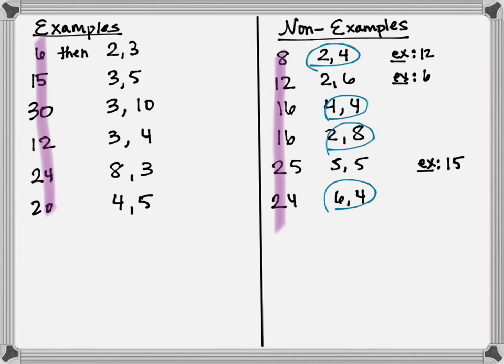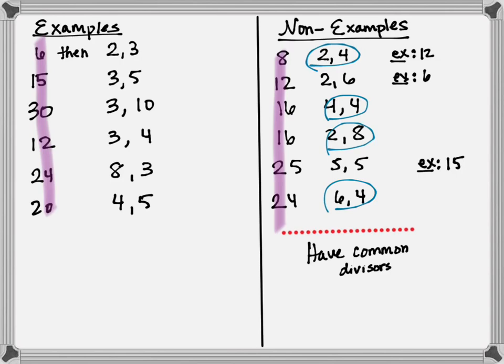They have a common divisor. All of these over here have common divisors. Can you see it now? Yeah. Every pair of numbers in my non-example list share common divisors.